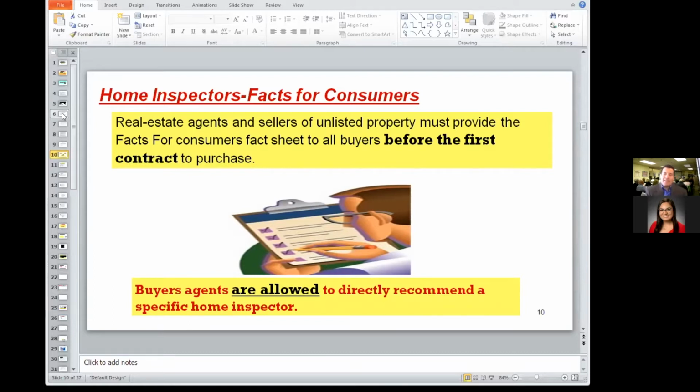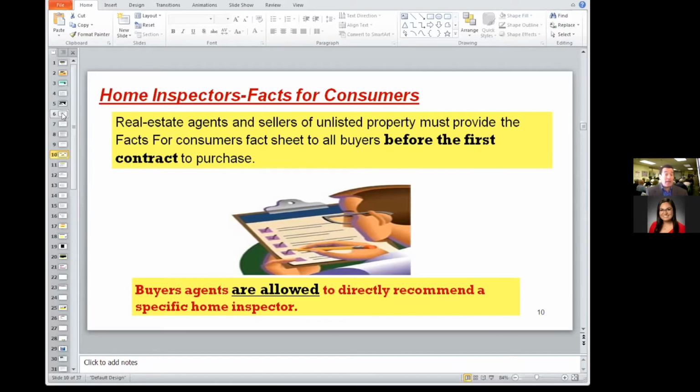Now, let me give you a little bit of information here. The law says that if you're an agent and you have a fiduciary relationship to the buyer or the seller, then you can directly recommend a home inspector. So you could say, call Andy. Anybody else? No, just Andy. That's the only guy. If you have a fiduciary to your seller and they want to do a pre-inspection, for instance, you can directly recommend a home inspector.